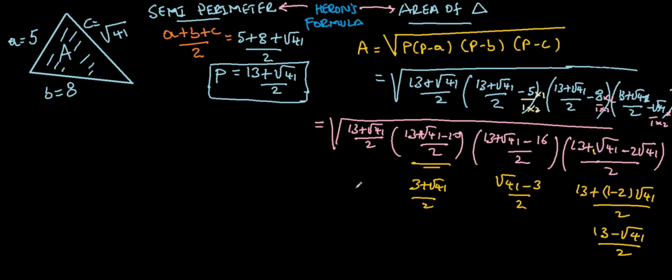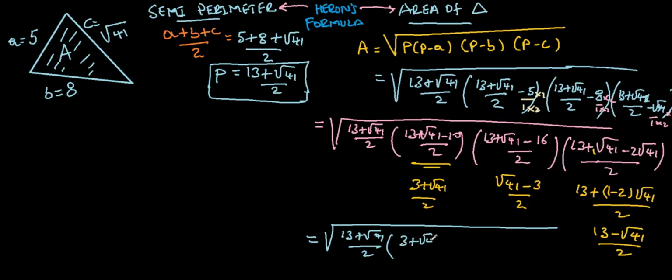Then after that, you have to bring them together. Then what will it be? It will be 13 plus the square root of 41 over 2 times 3 plus the square root of 41 over 2 times the square root of 41 minus 3 over 2 times 13 minus the square root of 41 over 2.